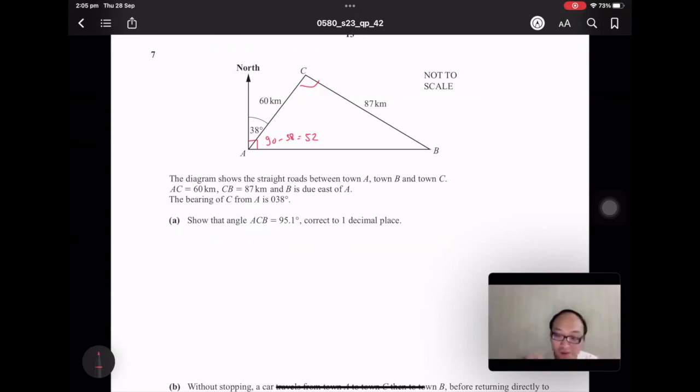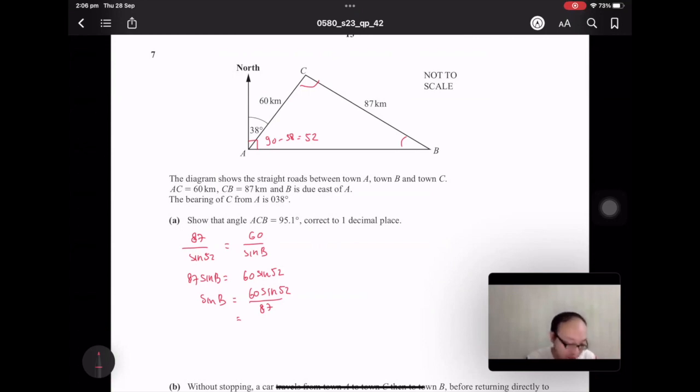So we can find the angle B using the sine rule. So 87 over sine 52 equals 60 over sine B. So I can have 87 sine B equals 60 sine 52. So sine B is 60 sine 52 over 87.